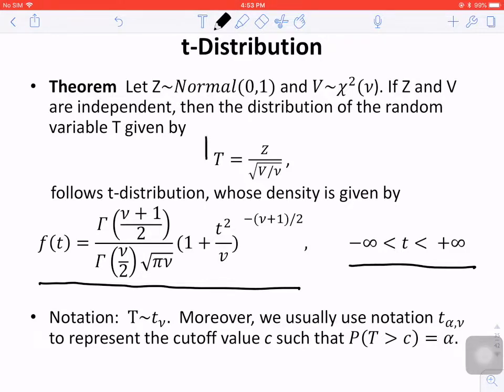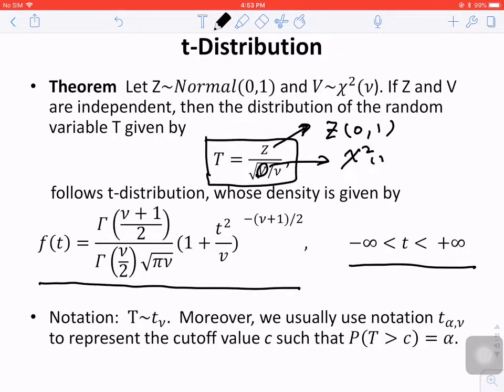And actually, we can define our t in this way. Its numerator is a standard normal z, and its denominator, this capital V, is a chi-square distribution with degrees of freedom v, where this small v is the degrees of freedom of the chi-square distribution.